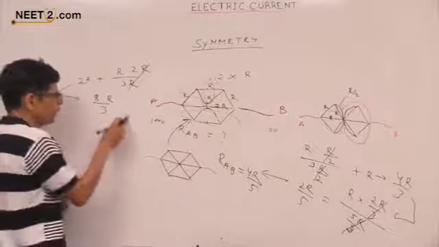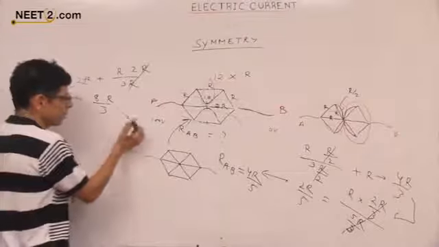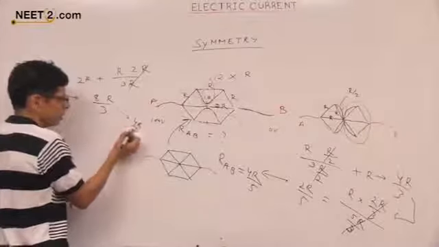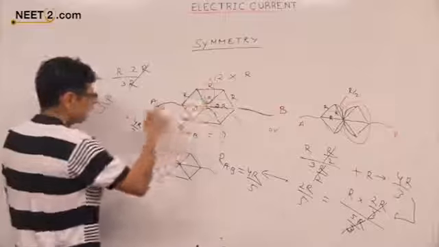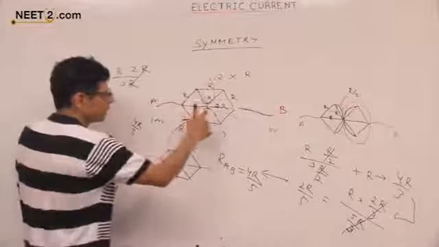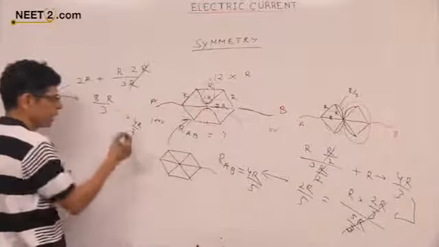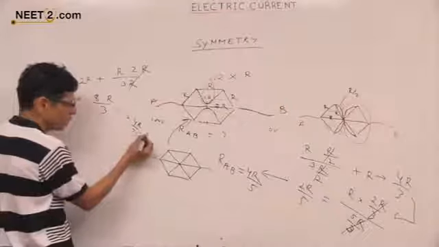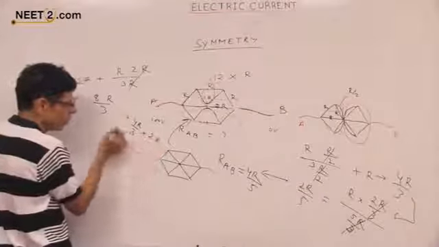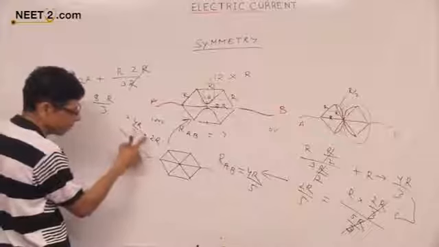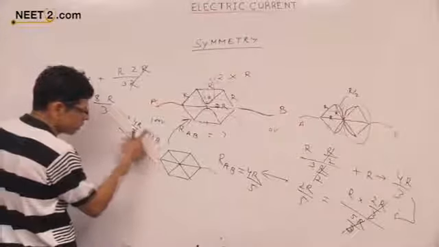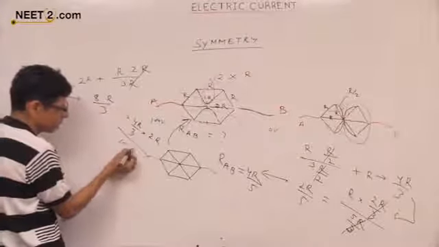Let me first add these two. So they become 4R by 3 halved. Now this and this has become a single one, and that single one is in parallel with 2R. So again I apply R1 R2 upon R1 plus R2. So we have got 6 and 4, 10. 10R by 3.